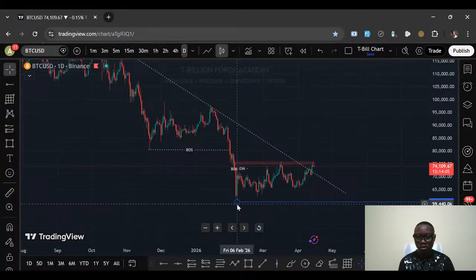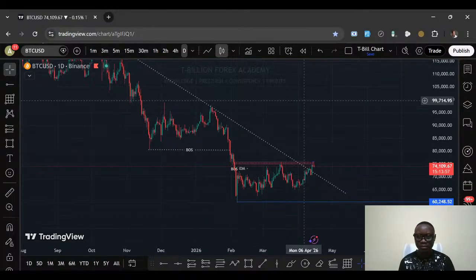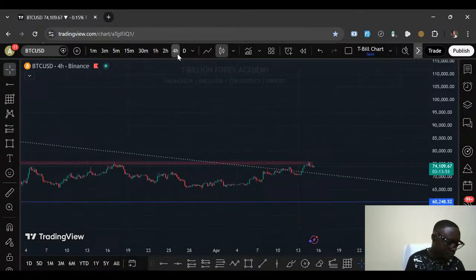We also marked out our external liquidity right here, which is the sell side liquidity, and we have our buy side liquidity right here. Let's drill down to the 4H time frame.